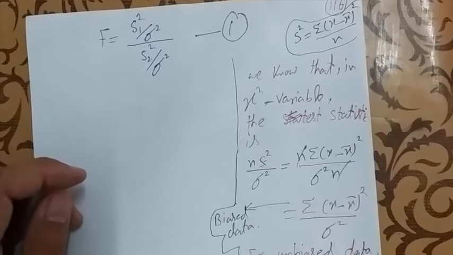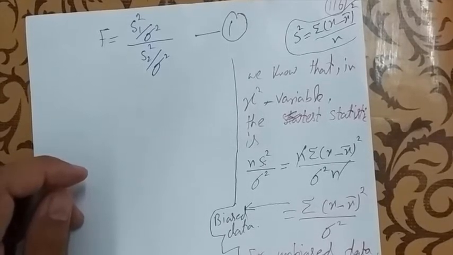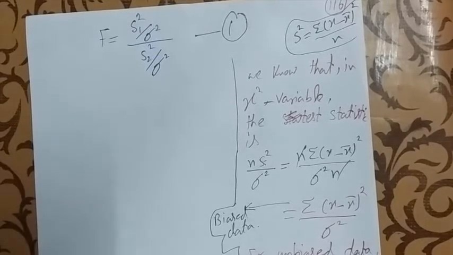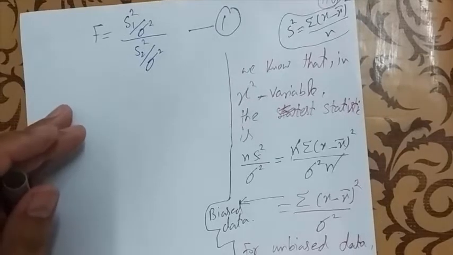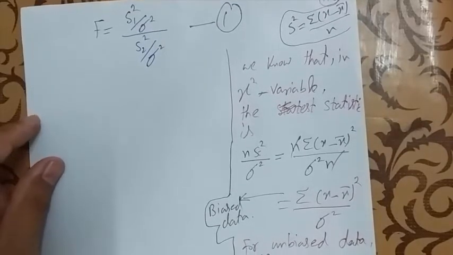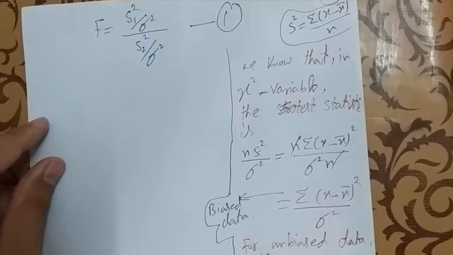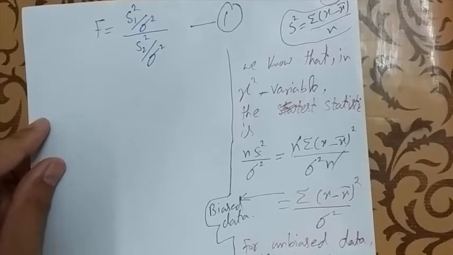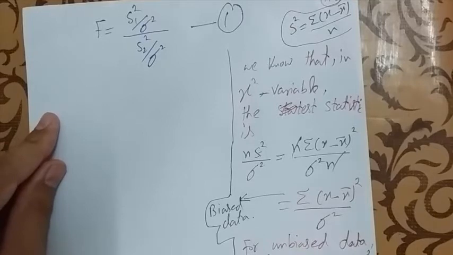For unbiased data, we proved in the previous video, I think the last 3 or 4 videos, that in the chi-square distribution, (n minus 1) into S square over sigma square is equal to n minus 1, and the value of S square is summation (x minus x bar) whole square over n minus 1 for unbiased data, and sigma square is also the same.